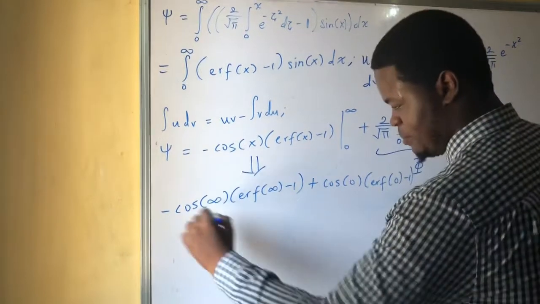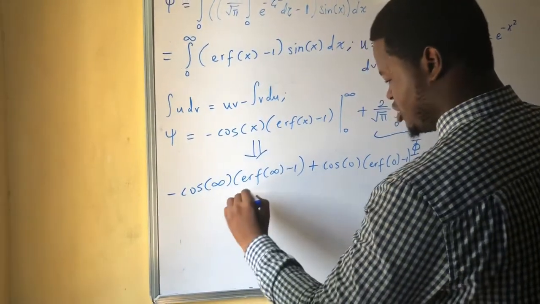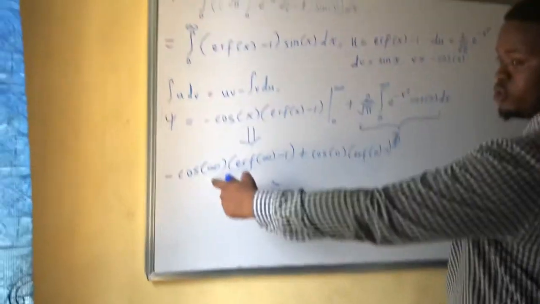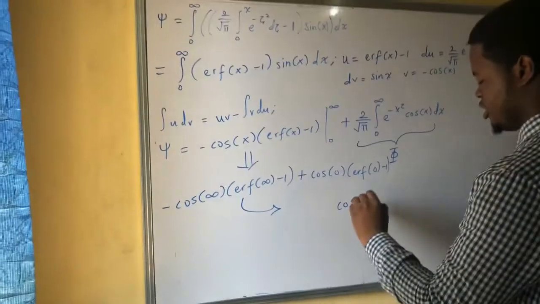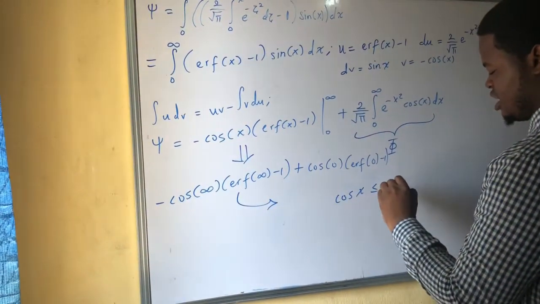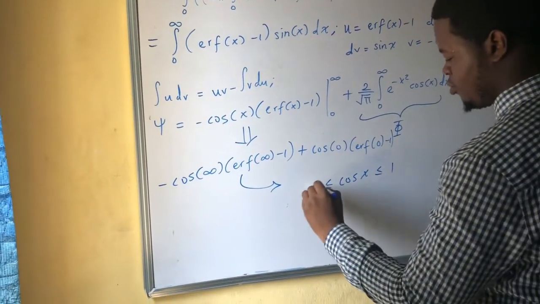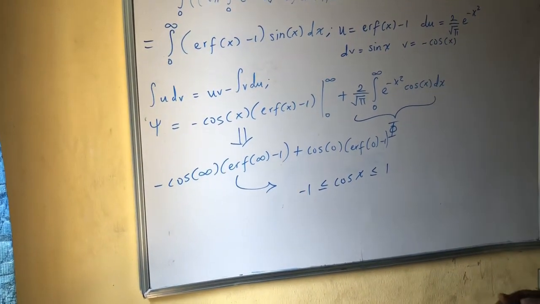Now, let's look at it. Now, this part, we all know, let me just give a brief proof that this will equal 0. We all know this is the boundary for cos x. I'm going to use the squeeze theorem. We all know this. Yes.